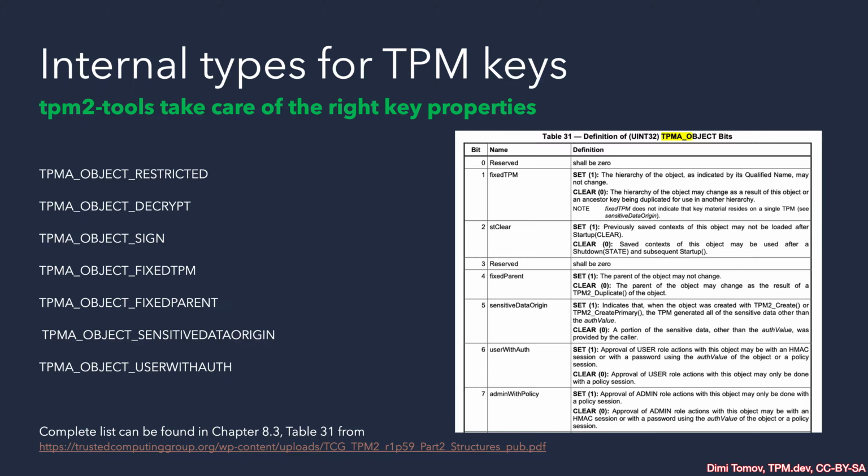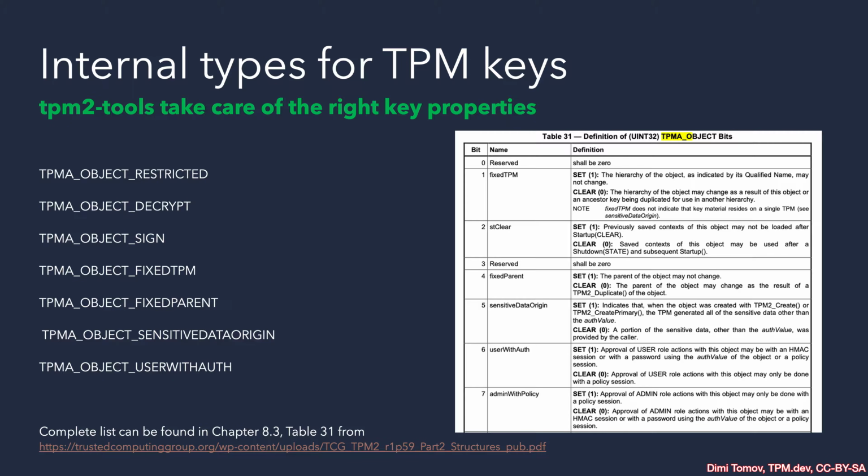There are other interesting properties like fixedTPM and fixedParent that restrict a key and it cannot be transferred between different TPMs, which is in most cases the default. Once you generate a key, it is fixed to the TPM seed, and only this TPM can unwrap it, load it, then the primary key unwrap loads the child key, and so forth and so forth.